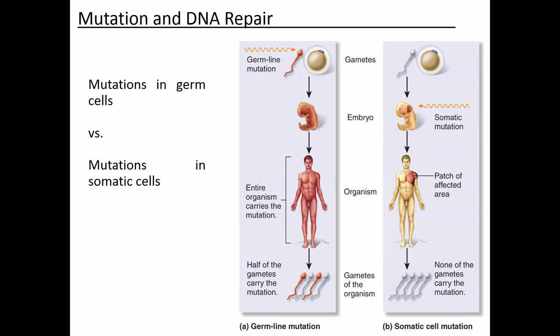The key difference that I want to point out here is that mutations in germ cells can be passed on to offspring. If you have a mutation in a germ cell, and that germ cell produces a gamete that carries that mutation, and that gamete is involved in a fertilization event that gives rise to your offspring, then basically every cell of your offspring is going to have that mutation in it.